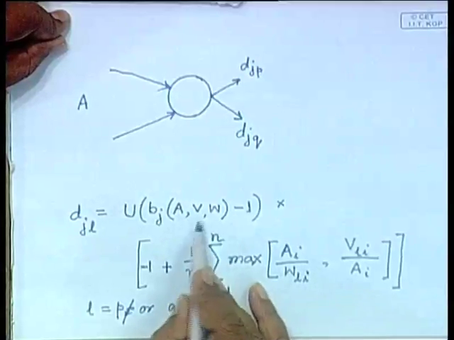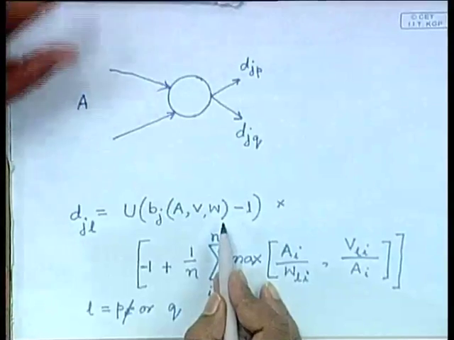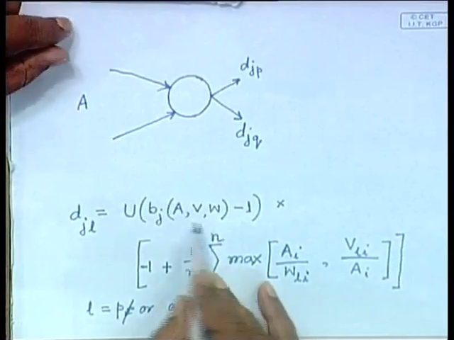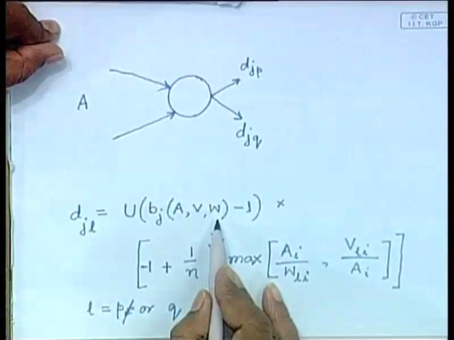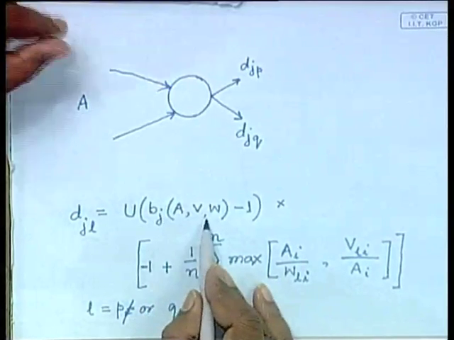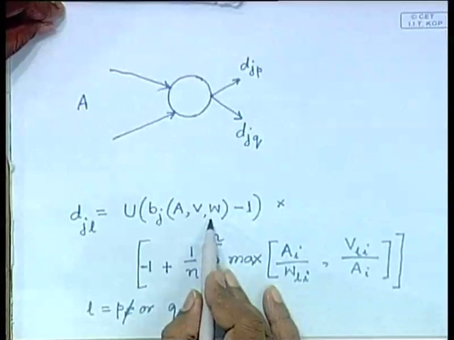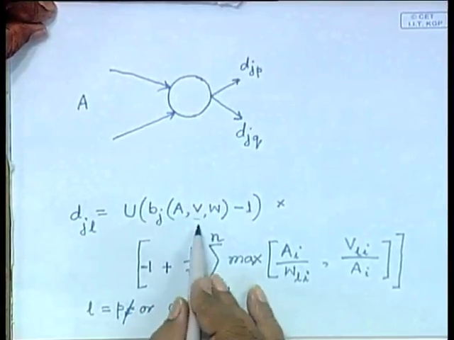So, this V and W being the min point and max point of the overlapped region, if a point falls within the overlapped region, then this bj(A, V, W) will be equal to 1. If it does not fall within the overlapped region, then the value of bj(A, V, W) will be less than 1, and its value will depend upon how far it is from that hyperbox. Okay.